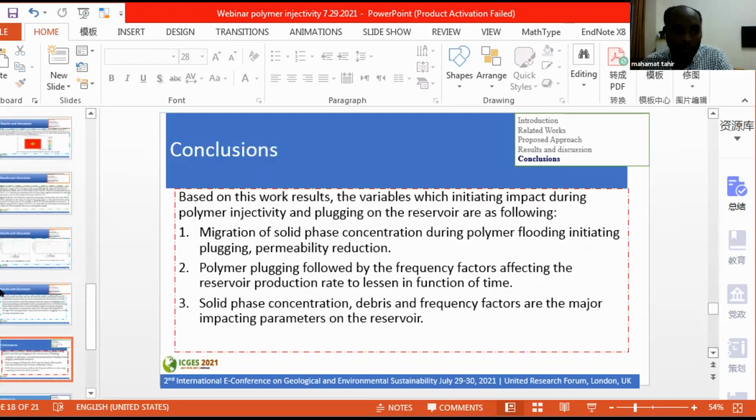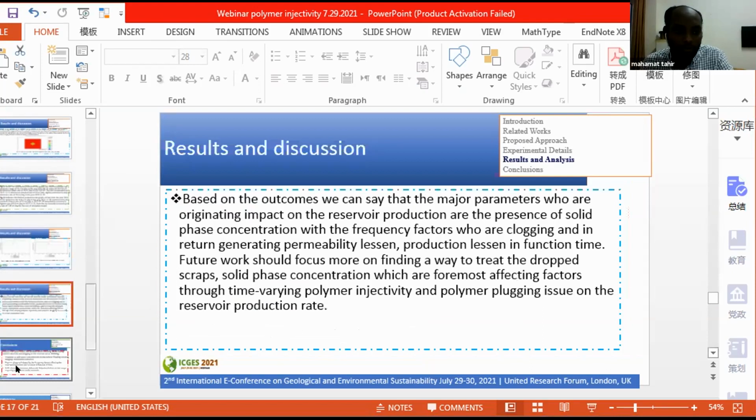So based on the outcome, we can say that the major effects on the liquid production rate and oil rate during the injectivity are the solid phase concentration with the frequency factor, blocking and causing the permeability to decrease, the oil rate to decrease, and the liquid rate to decrease.